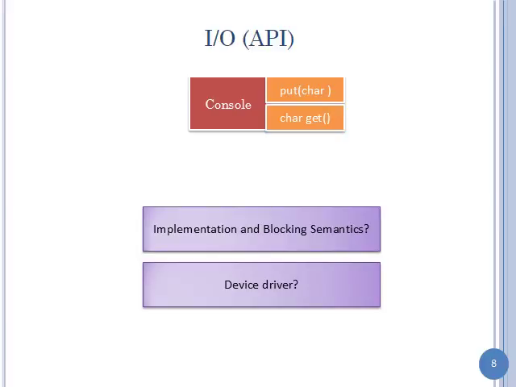So this code that's running in the kernel is called the device driver. Okay, you guys know about device drivers. You install them sometimes. The interrupt routine is part of the device driver, and the routine in the kernel that serves your put and get, that went and read from the device register and put it in the kernel space or vice versa, is also the device driver.